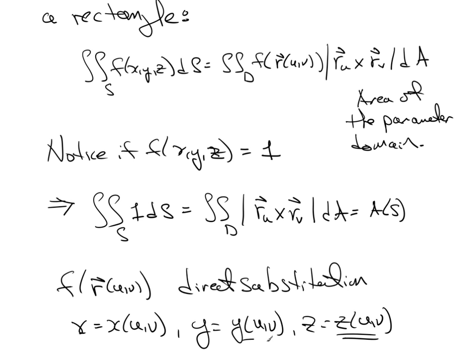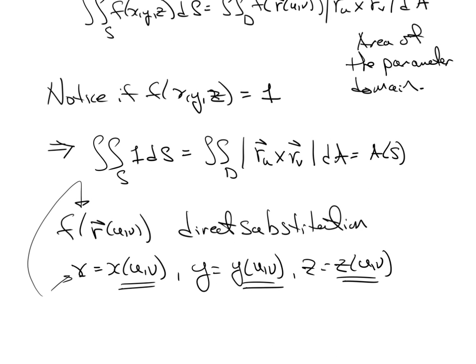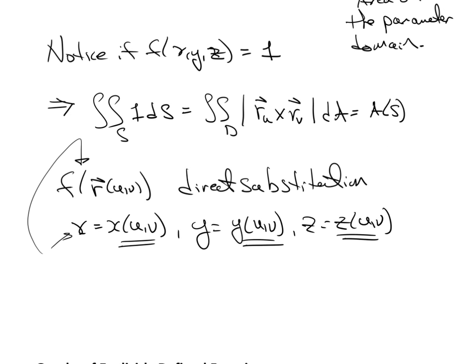Just substitute these parameterized forms of these variables into f to begin with. So all of these will simply go into f(x, y, z).